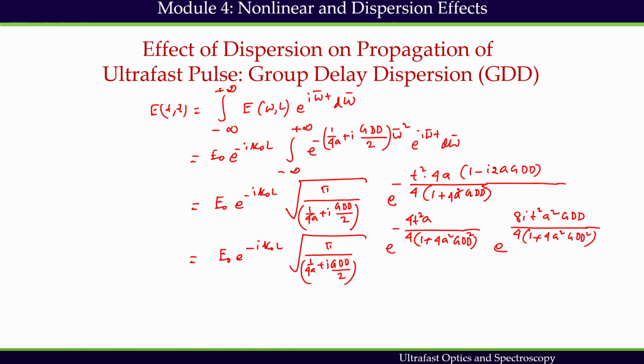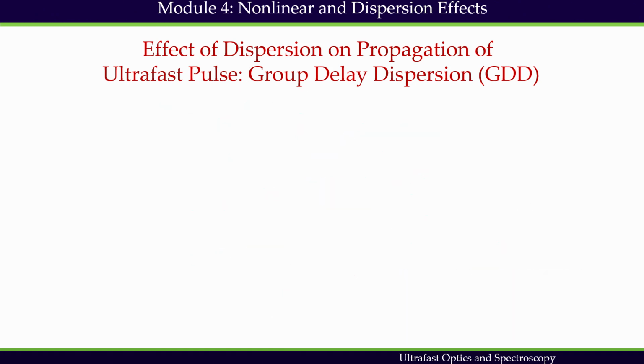So this is the expression we get. This is the real part, this is the imaginary part, and this part is also imaginary, the amplitude. And the moment we take the intensity, we need to know intensity because the way we express pulse duration is the full width half max of the intensity profile.